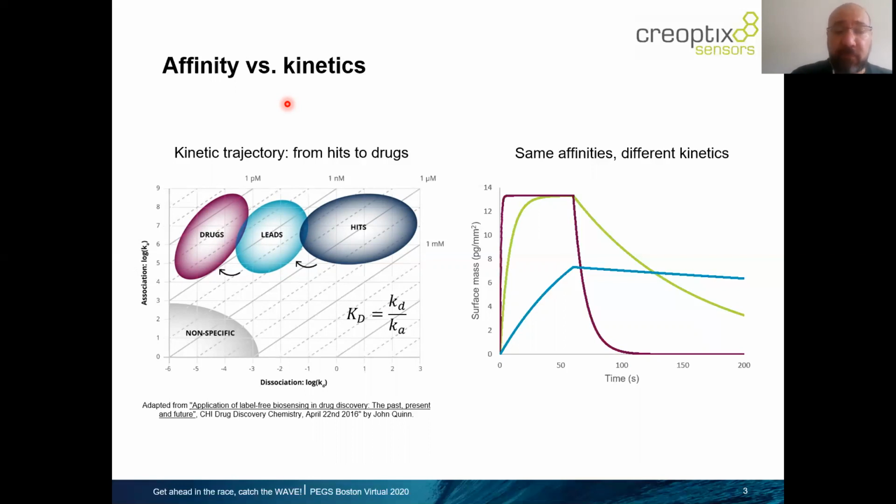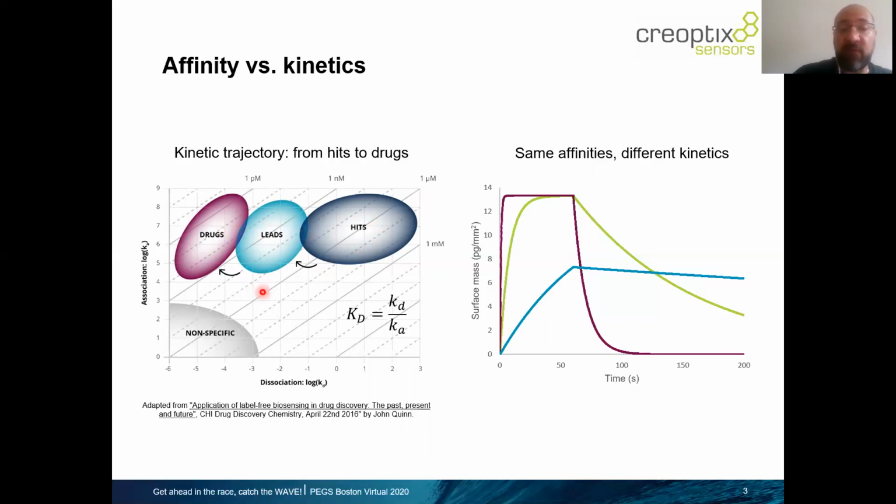Generally, these hits can be weak binders, or potentially have fast off rates. This is what you would like to know at the beginning to find those hits. Then you move along the kinetic trajectory, from hits to leads to the final product, developing your drugs by improving the affinity from, let's say, millimolar or micromolar to nanomolar and potentially to picomolar range.